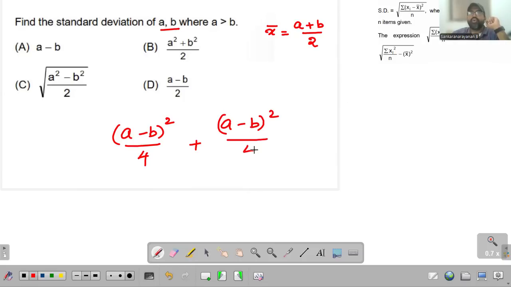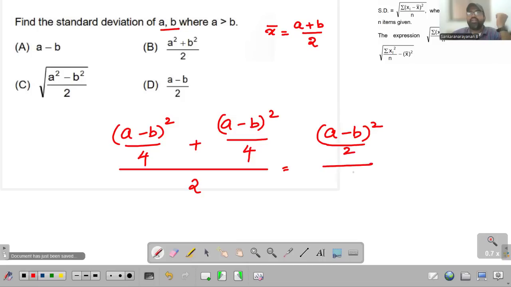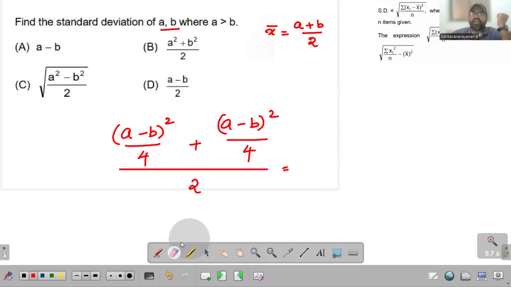You find the sum of these two, the squares divided by the number of observations, which is 2. This will now become 2 times (A minus B) the whole square upon 4, that is (A minus B) the whole square upon 2 by 2, which upon further simplification becomes (A minus B) the whole square divided by 4.